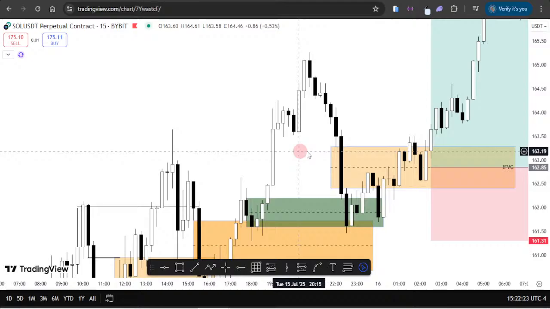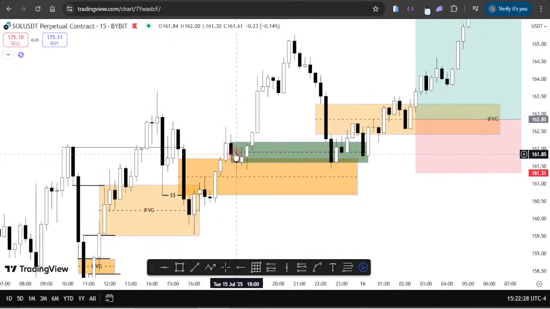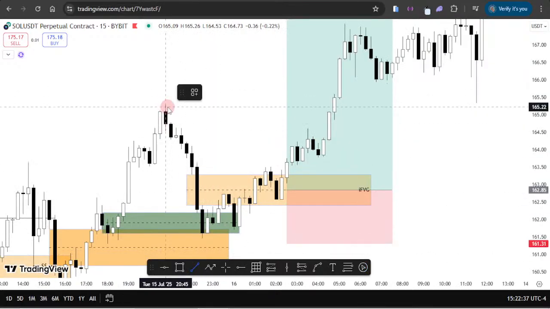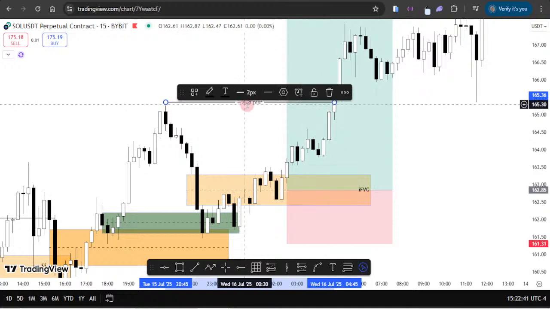So once this inversion fair value gap has been tapped into the order block, this was the next external liquidity to be taken right here. Buy side.